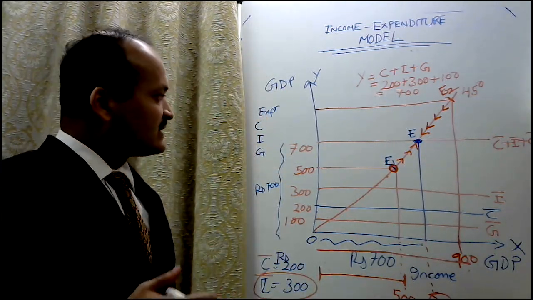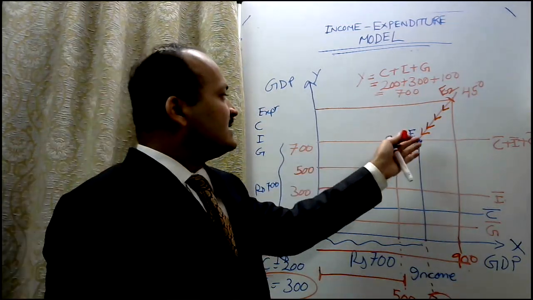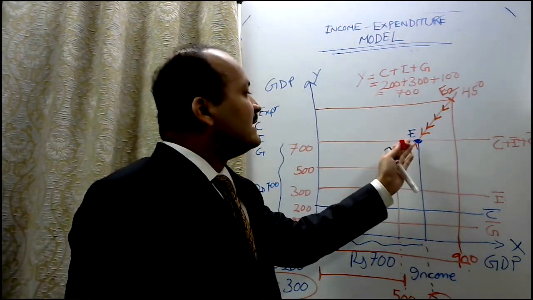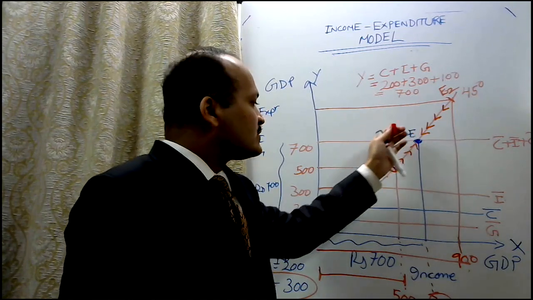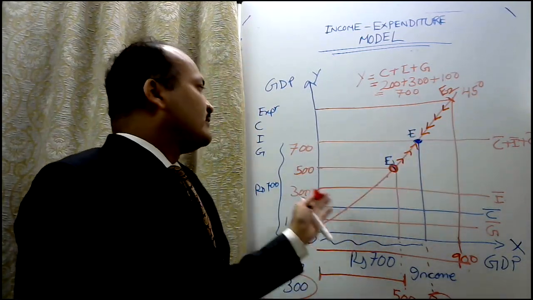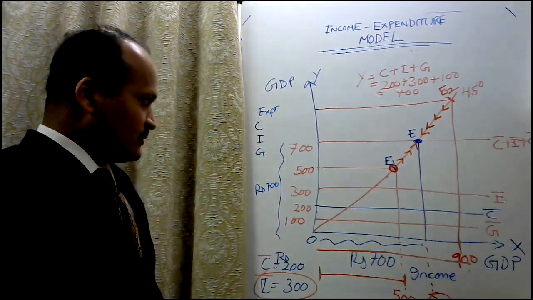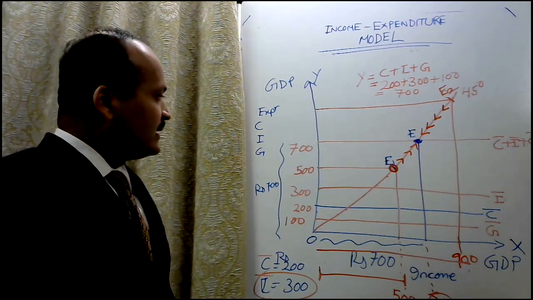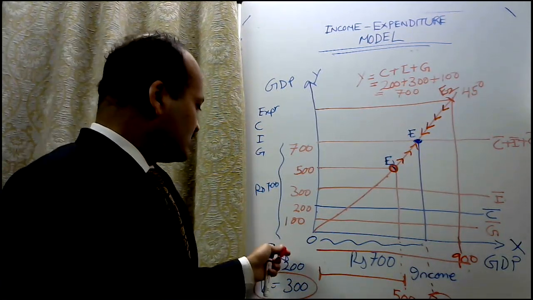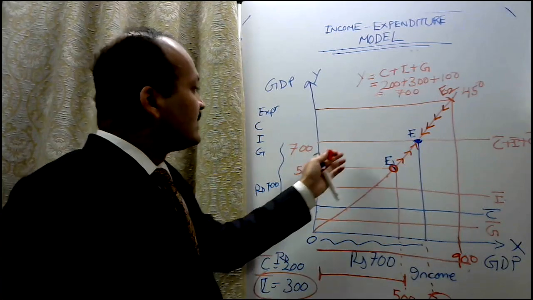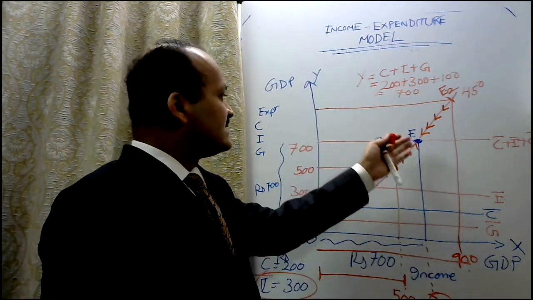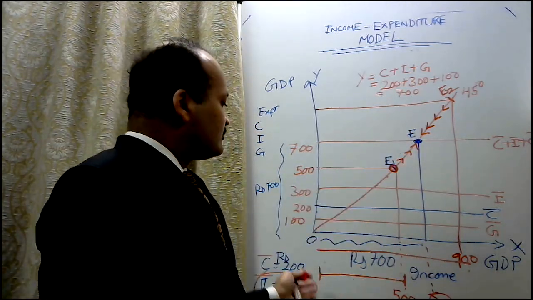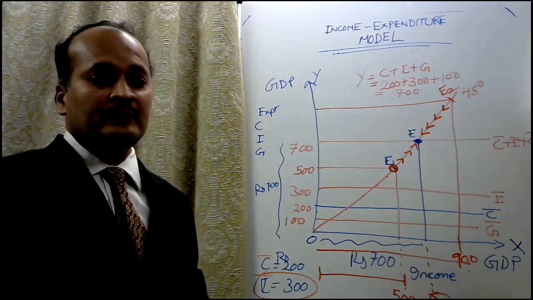There is neither a tendency for the producers to increase output nor to reduce output. If nothing takes place, no change is occurring from outside in this economy, and nothing changes to the C, I, and G, then the economic activity will repeat itself at point E, and 700 rupees of GDP will be generated.